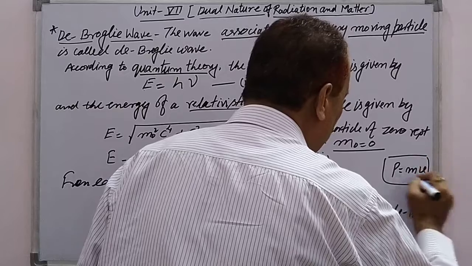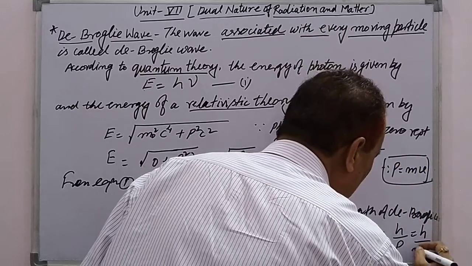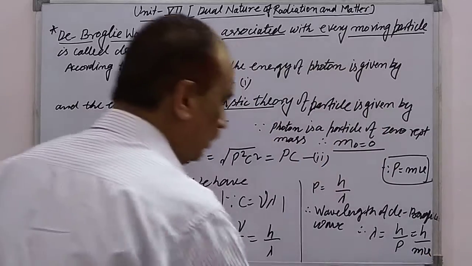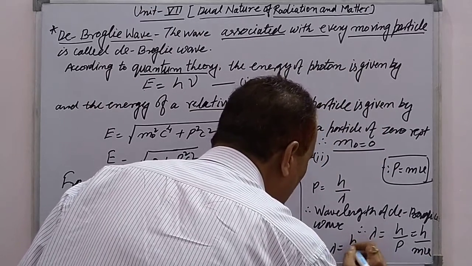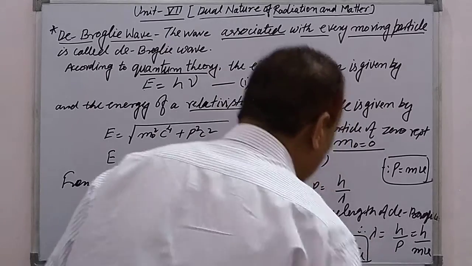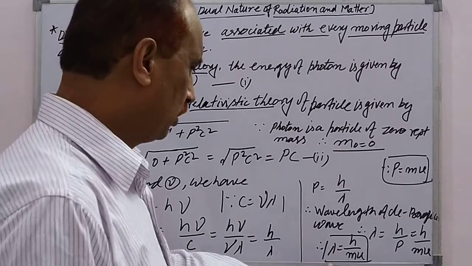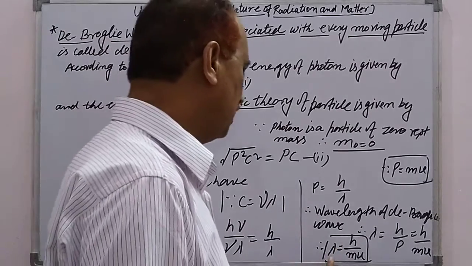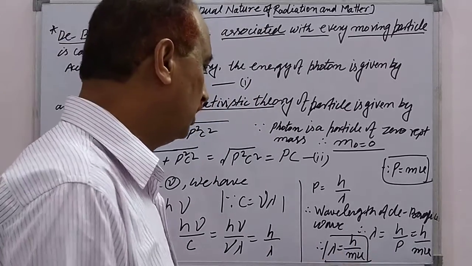So when we use this, the relation is h upon mv. Therefore lambda equal to h upon mv, and this is the de Broglie relation for the wavelength of the de Broglie wave.